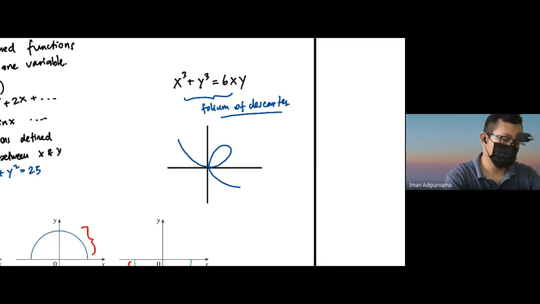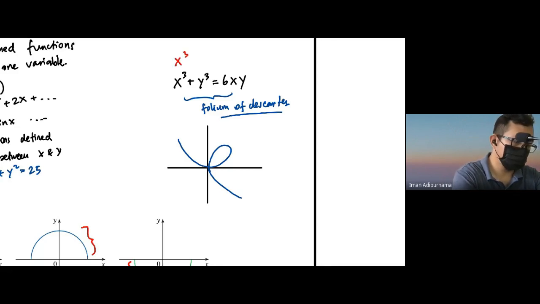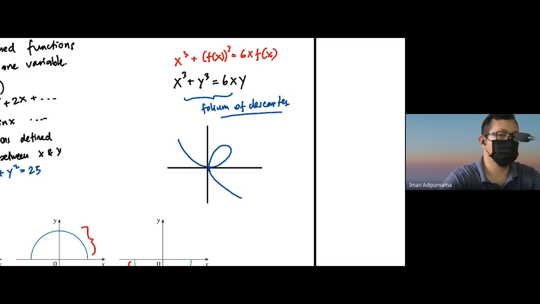It should be going a little bit down. And we can also think in terms of x cubed plus, if this is f of x, then equals 6x f of x, right?